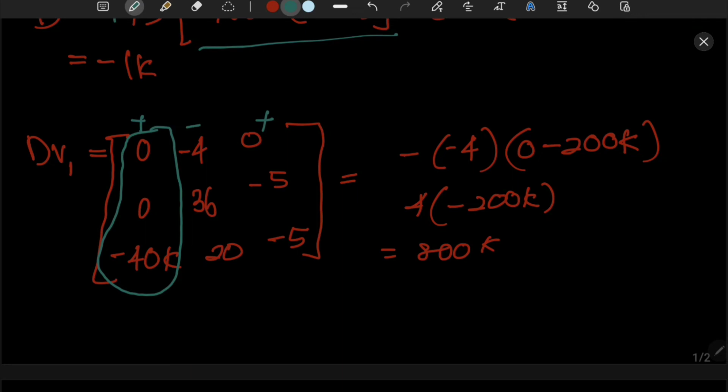Noting this is a negative, by using this technique I draw a line. So 0 multiplied by negative 5 is 0, and then minus 5 multiplied with negative 40,000, and we get the answer of 800,000.